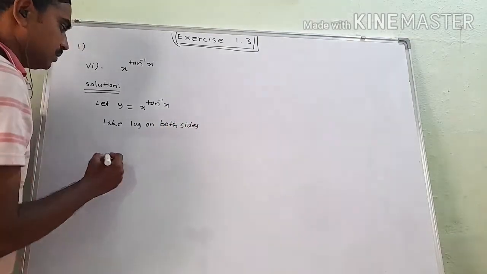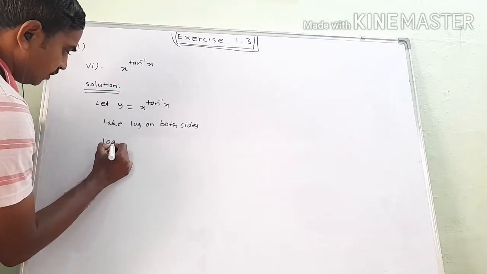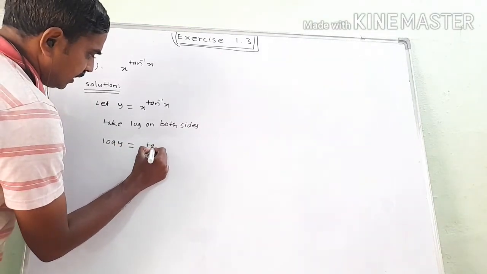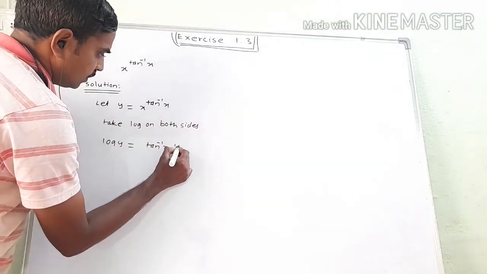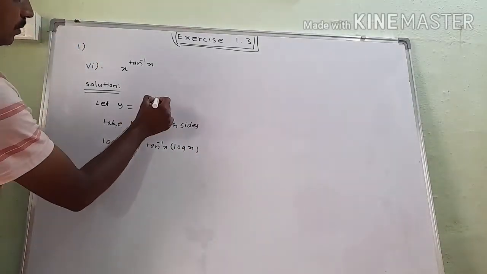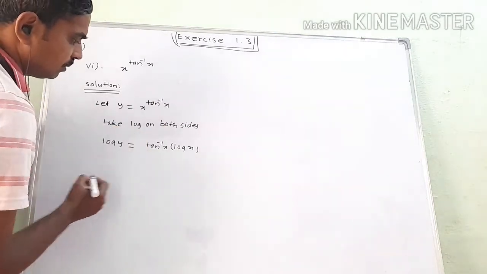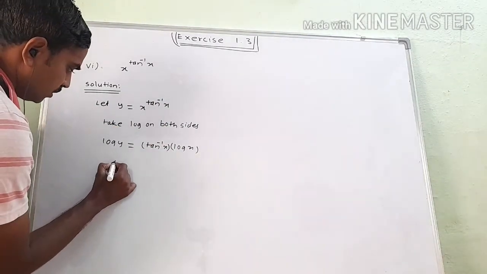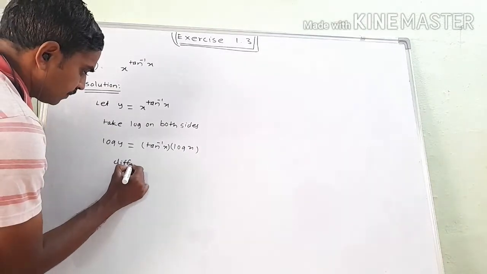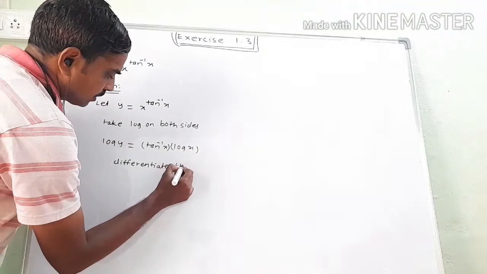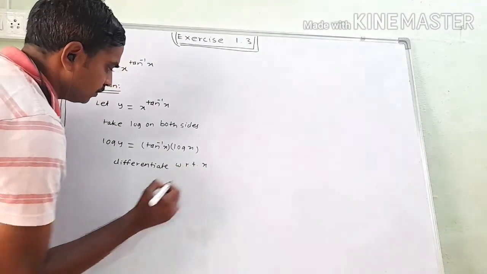Log on both sides. The left side term will be log y, the right side term will be tan inverse of x into log x. Our expression is in multiplication, therefore we get tan inverse of x into log x. Now we can easily differentiate our equation with respect to x.